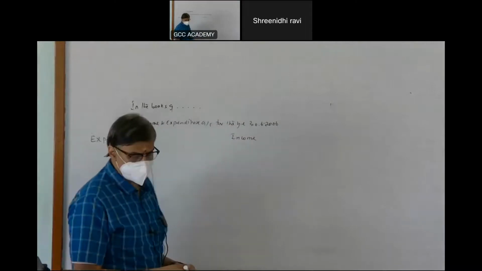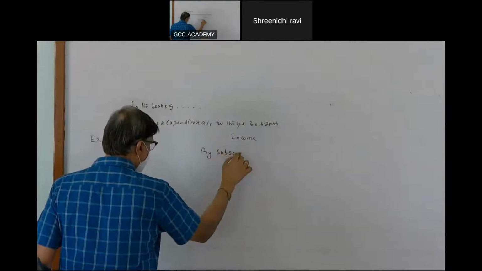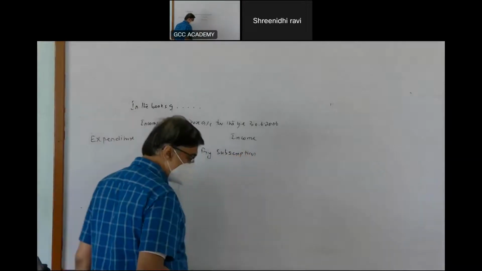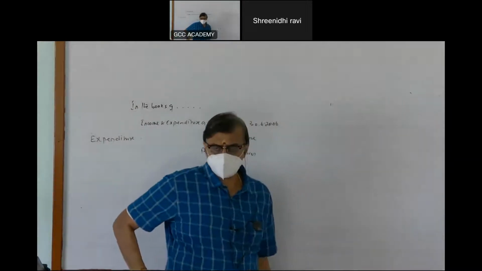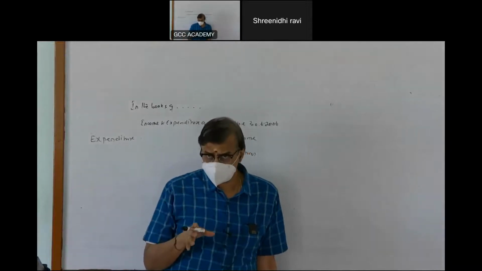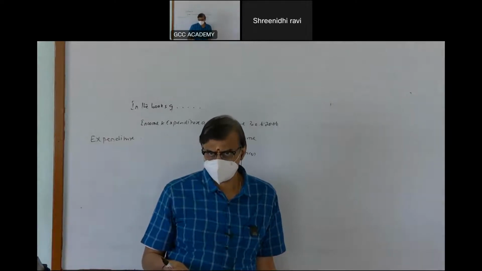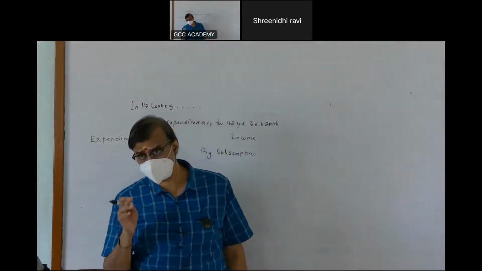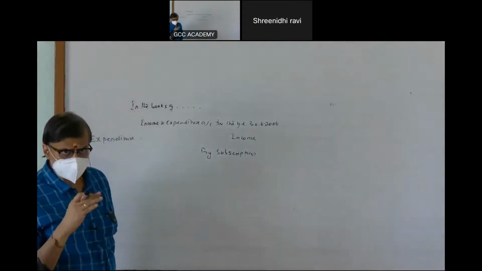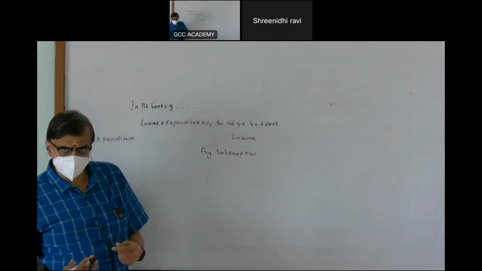Will subscription come? Yes. But importantly, we should check whether there is a subscription adjustment. What is the amount of subscription given in receipts? Normally, if there is no adjustment, then whatever appears in receipts and payments will appear in the income and expenditure account. But if there is any adjustment, you should rectify it, like anything received in advance or something due for the year.